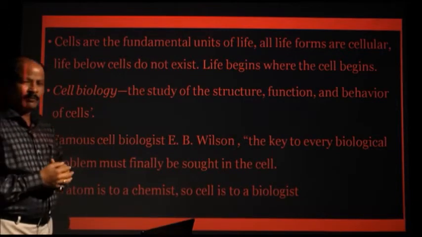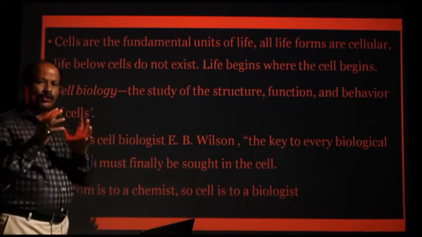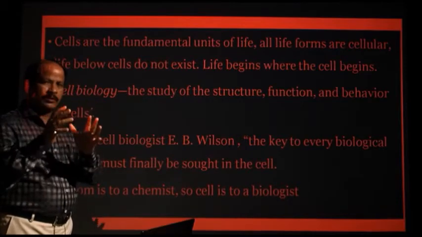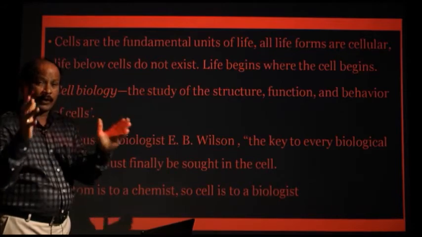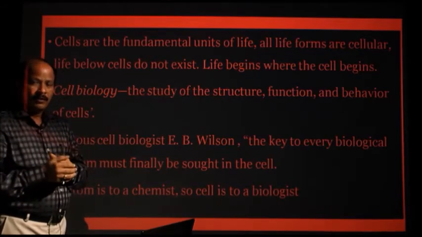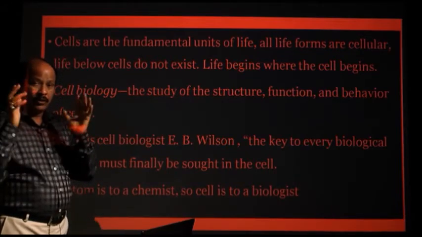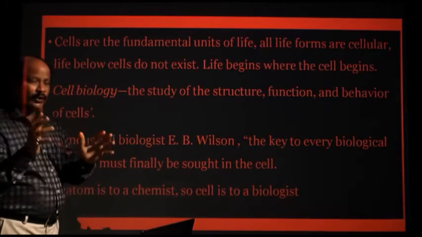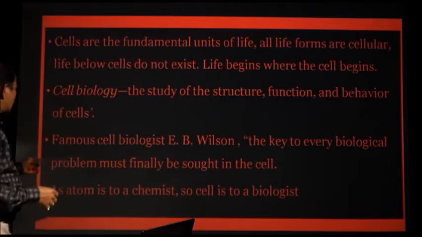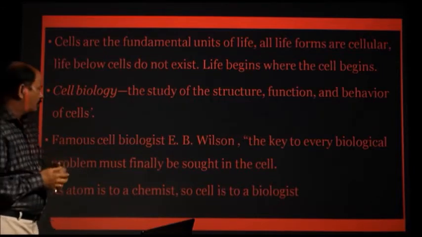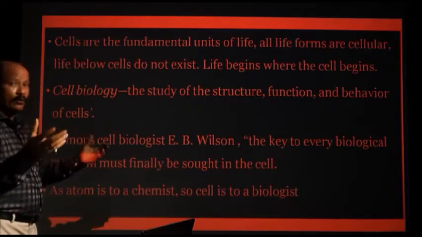When you are going to chemistry, much time is given to study structure and function of atom. Similarly, biologists give more time on studying cell biology. So therefore, it is properly told, as atom is to a chemist, so cell is to a biologist.